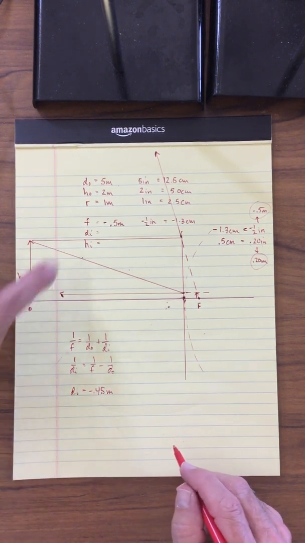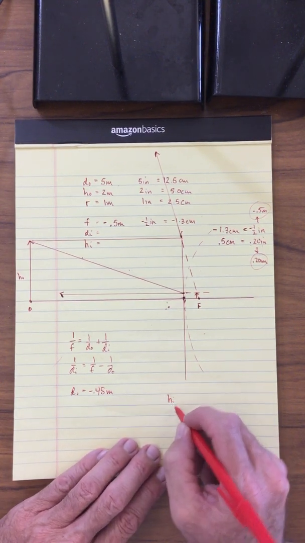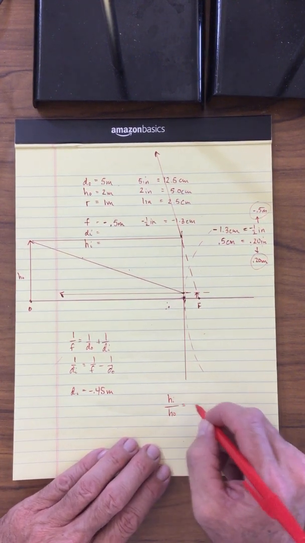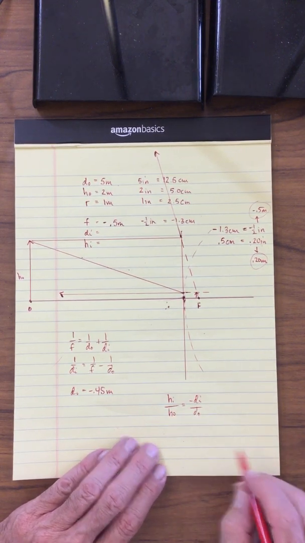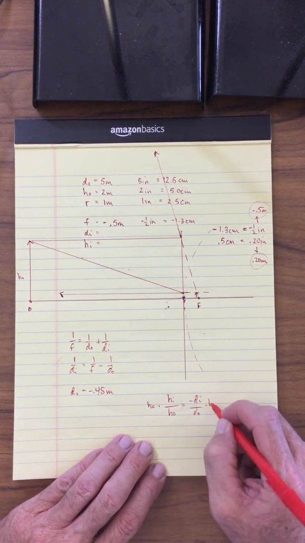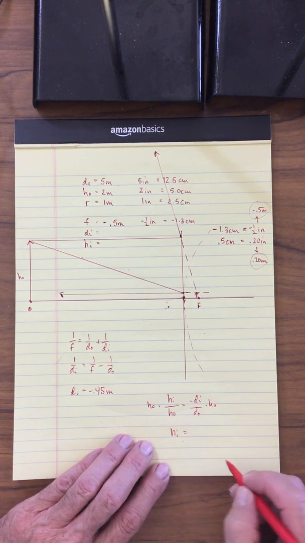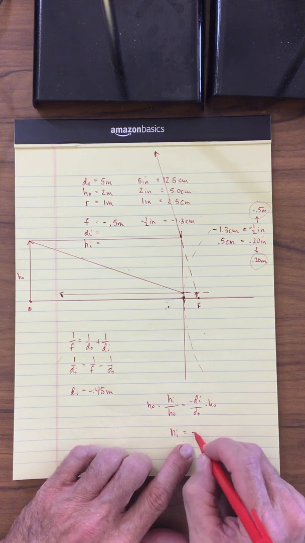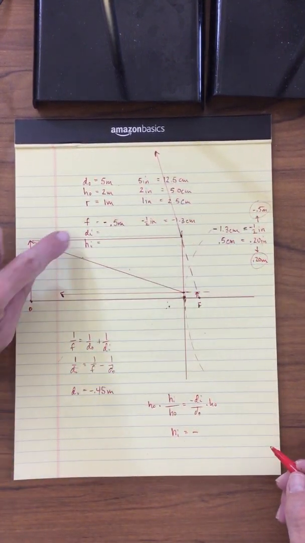Now the next one is to find the height of the image, and we're going to use the magnification formula. hi over ho equals negative di over do. We multiply both sides by ho. So the height of the image will equal negative distance of the image. Now don't use our estimates, we're using these things right here.